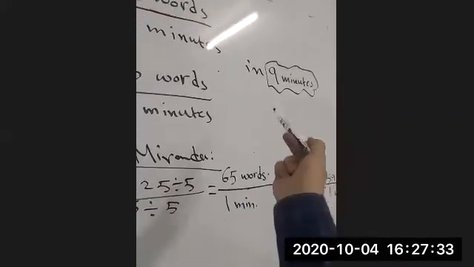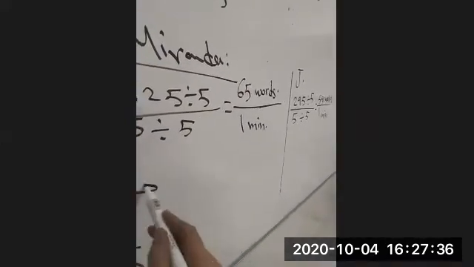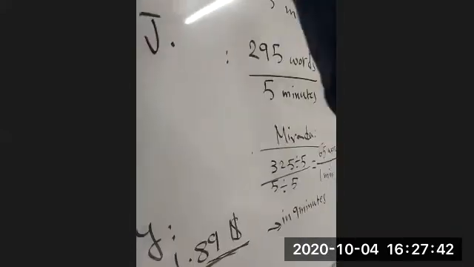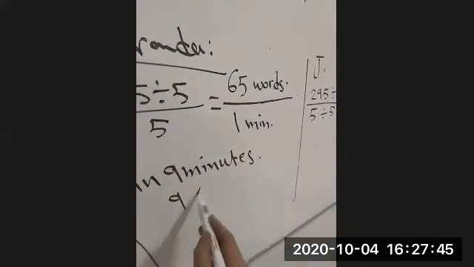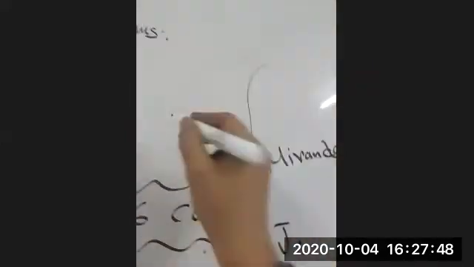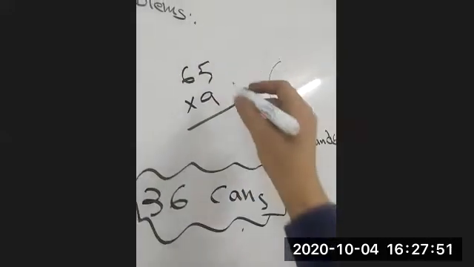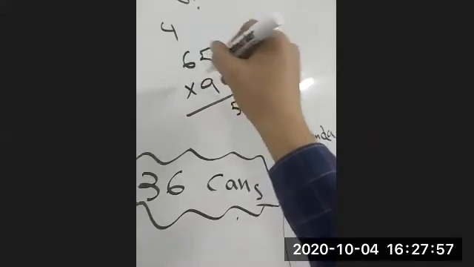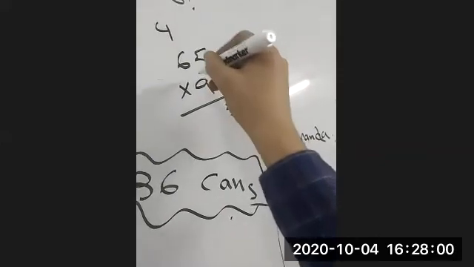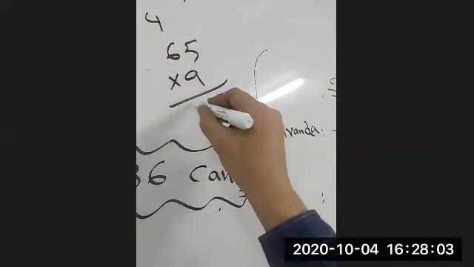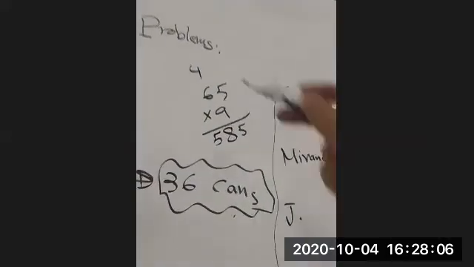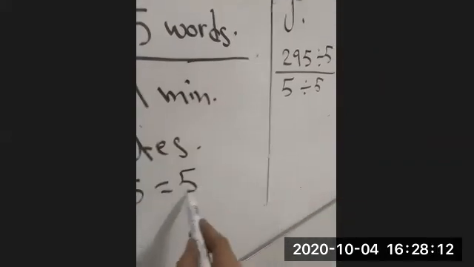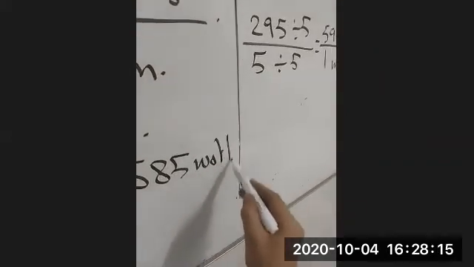By multiplying 9 by 65. 9 by 5 is 45, 9 by 6 is 54, plus 4 is 58. So 585 words for Miranda in 9 minutes.